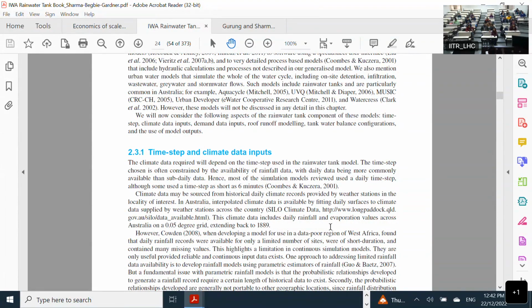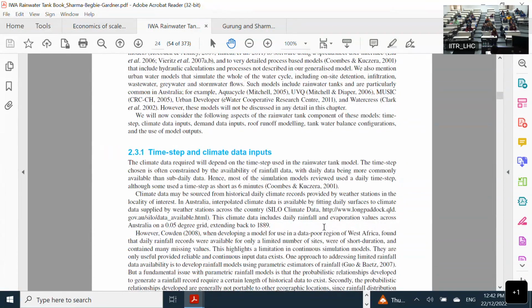And then you can also do it on 6-minute or 5-minute data, based on what data is available, especially the climate data. Those different time steps will give you slightly different outcomes. But as I said before, even the daily time step is good enough to get a proper outcome. So all that information is there.